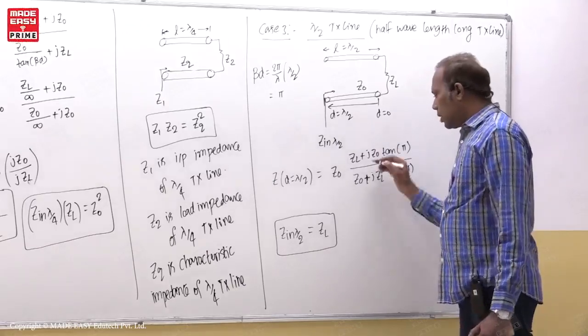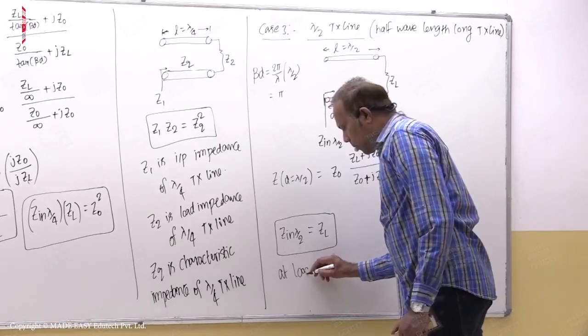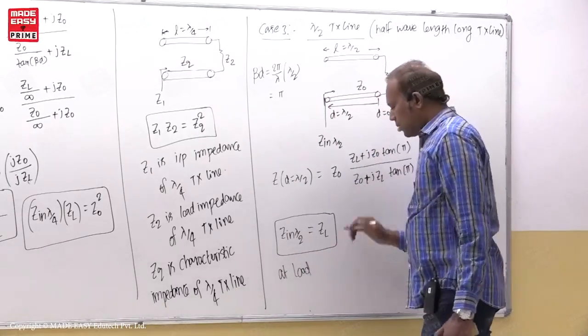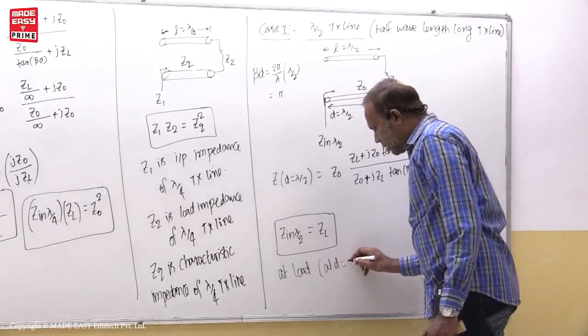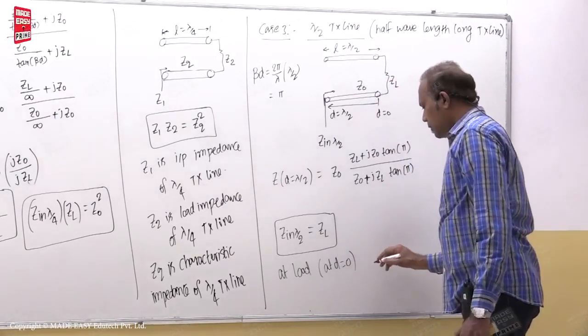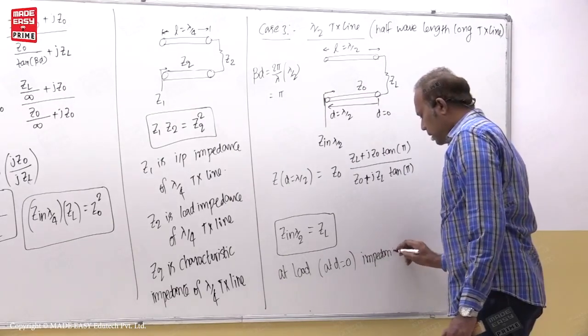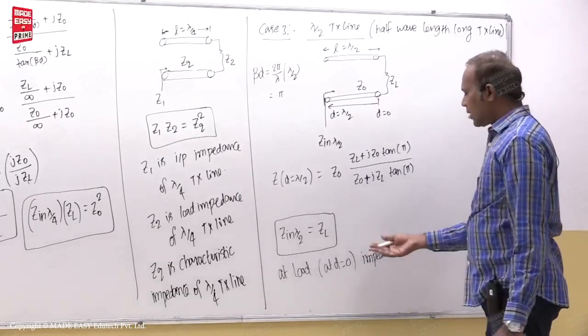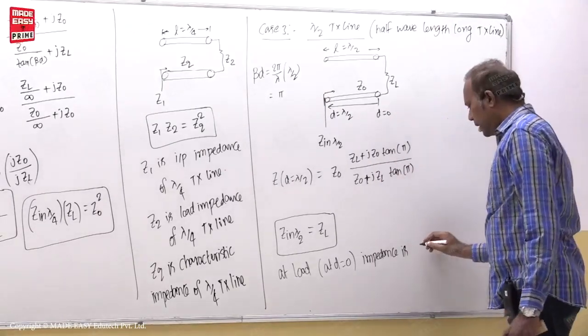Now, at load, that means at d equal to 0, we know that the impedance at load is ZL, but we are substituting in this formula and finding that.